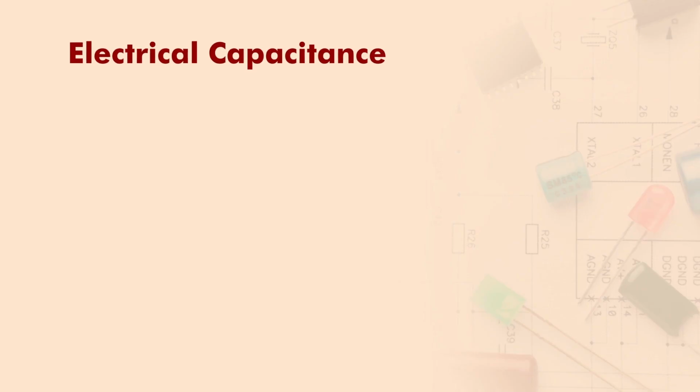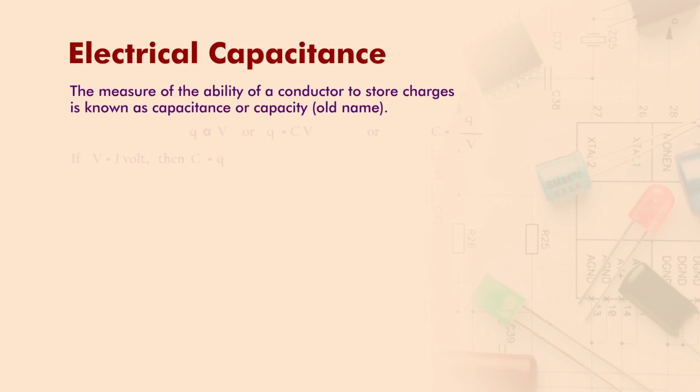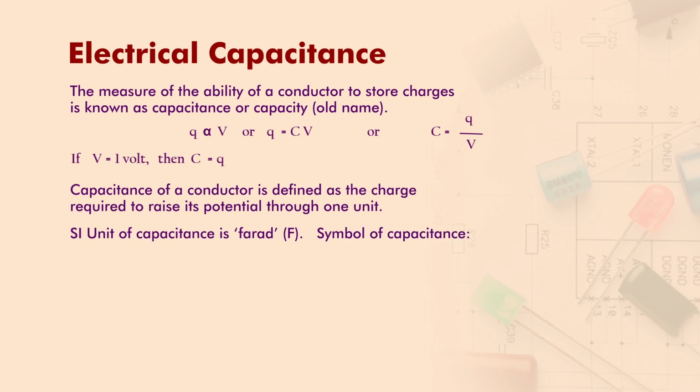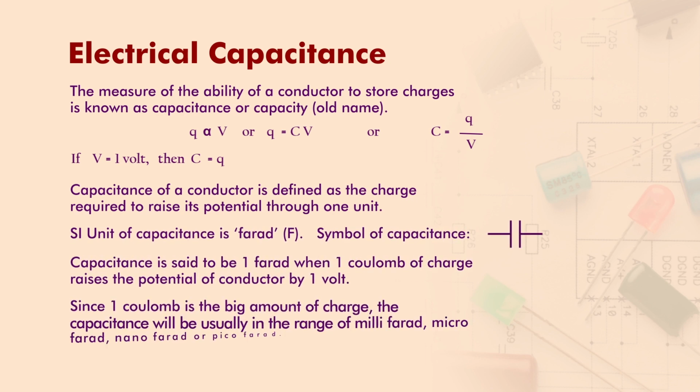Now, another important topic is capacitance. Electrical capacitance is a fundamental property in an electric circuit that describes an element's ability to store electric charge. It is denoted by the symbol C and it is measured in farads.